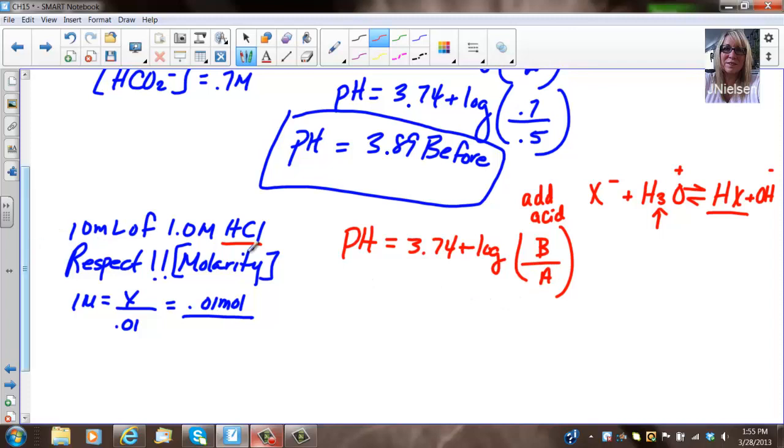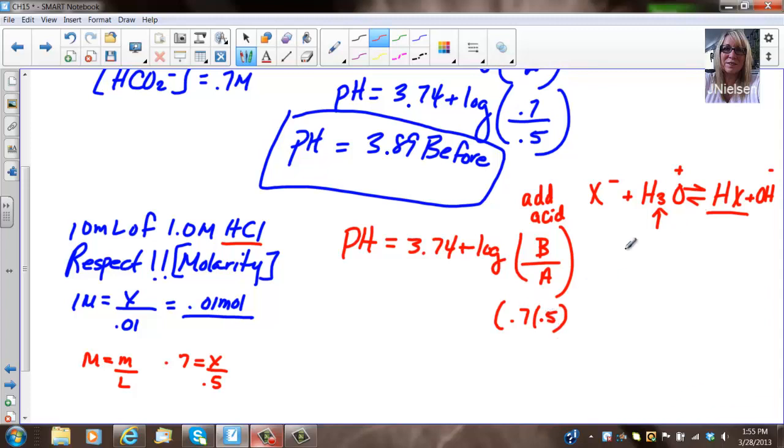So our base, if you recall, was 0.7 molar. And if I was to set this up, molarity equals moles over liters. So I've got 0.7 equals x over 0.5. So if I were solving for x, it would be x equal to 0.7 times 0.5.